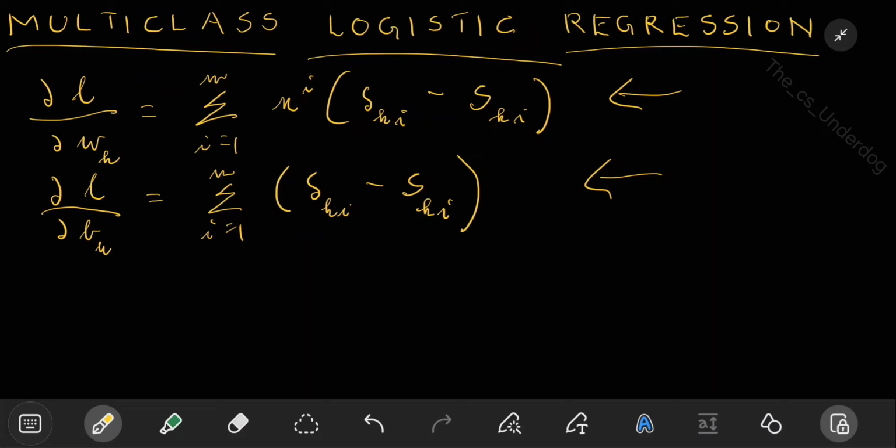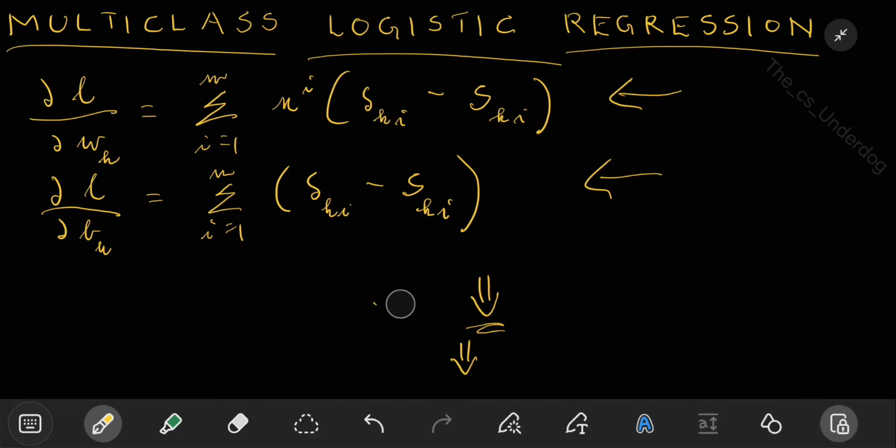As we discussed in the logistic regression lecture, in each step you will update the values of W. Initially, for each WK you will put some initial value, maybe 0 or a very small finite value. The same you will do for BK. Then in each step you will update the value of WK, and as you reach an optimal solution, that is when you stop.